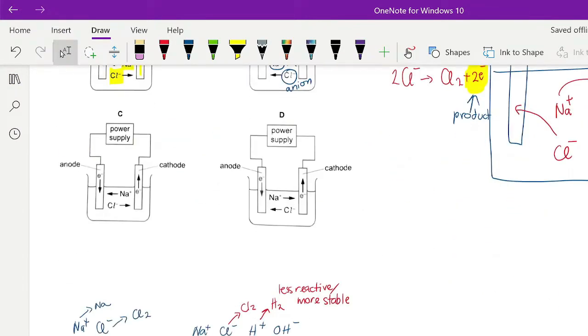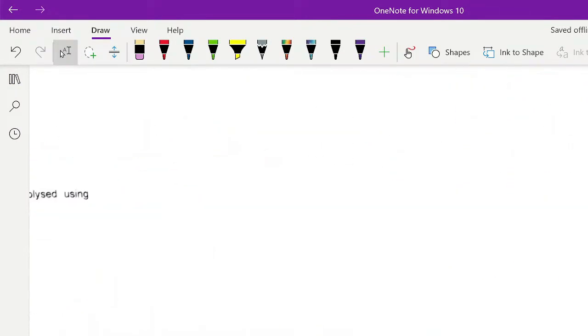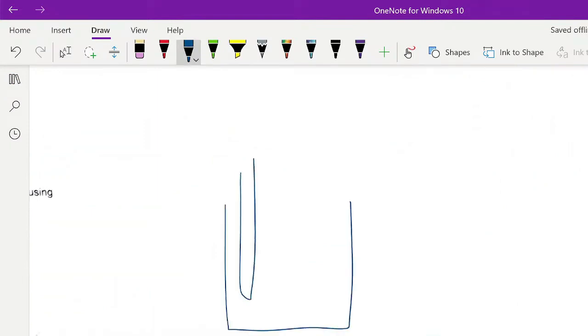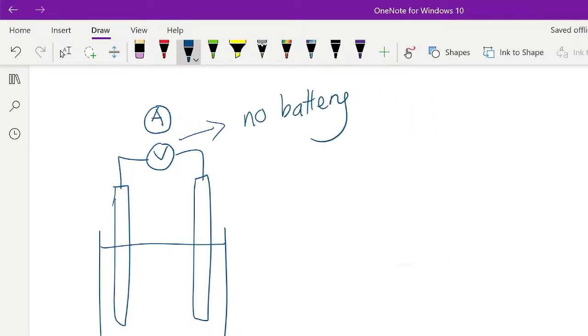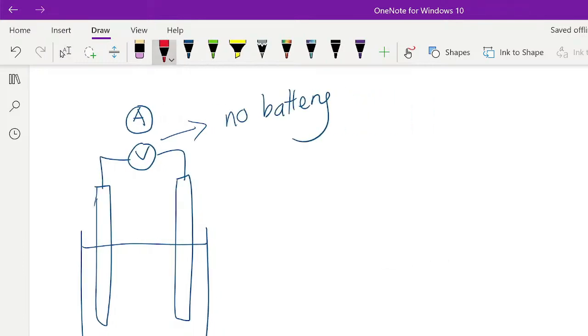There is this type of question too, I just remembered. Let's say we have a setup that looks like this, or sometimes it's A, not V. This tells us that there is no battery used, so it's not electrolysis.